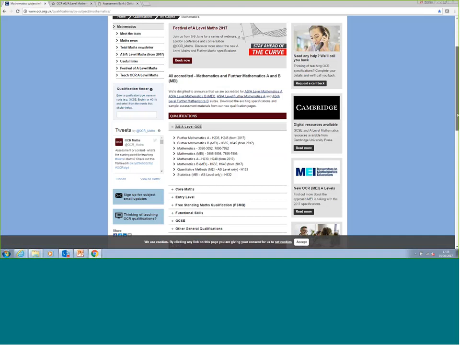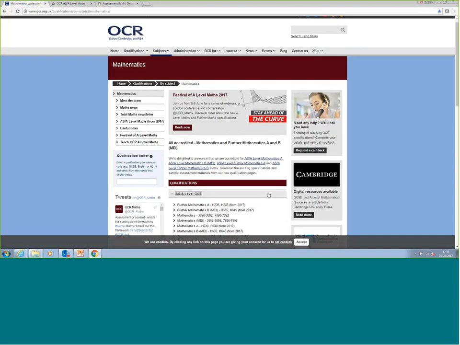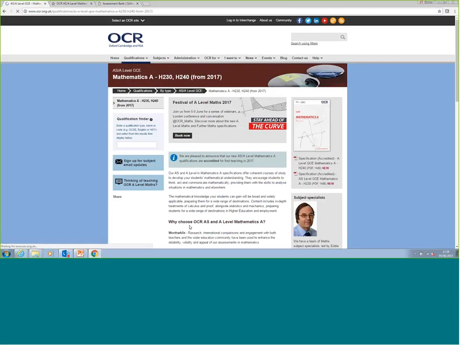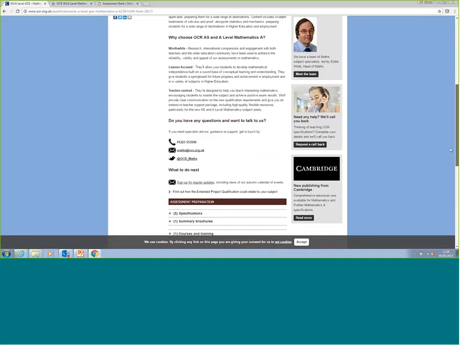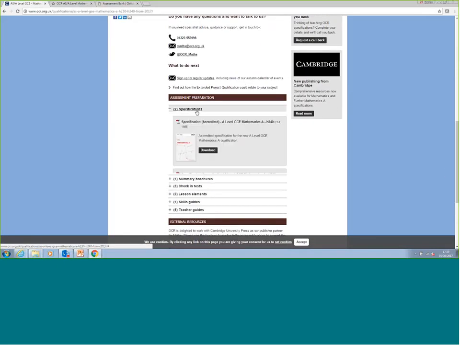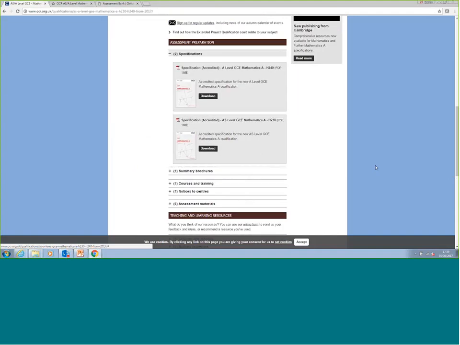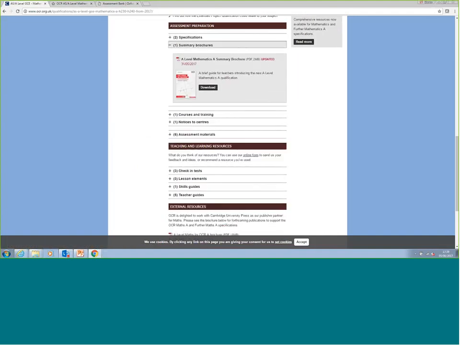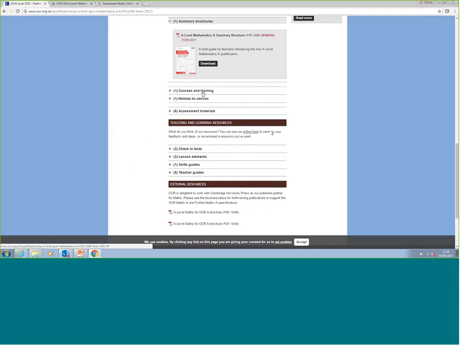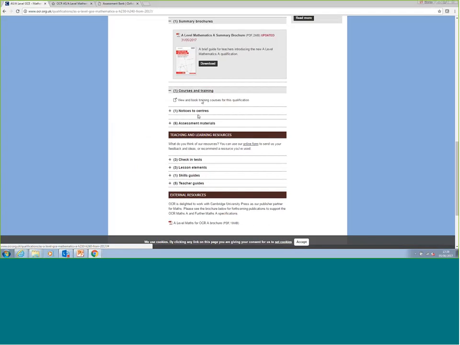So from OCR Maths, you can choose, we've got further maths, the further maths Spec B, there's the legacy qualifications, and then Maths A. And we've got the specification, the summary brochure, links to the CPD hub.